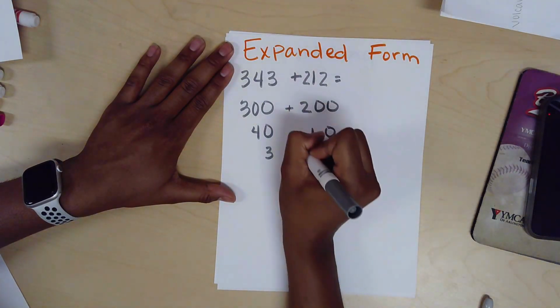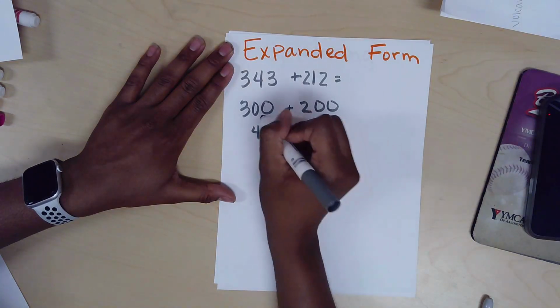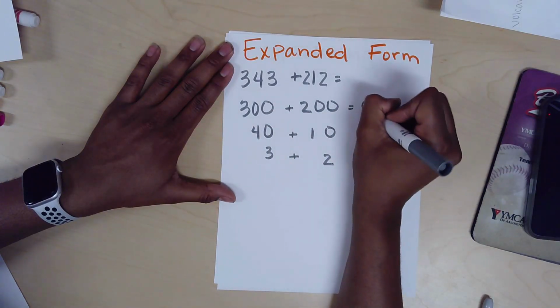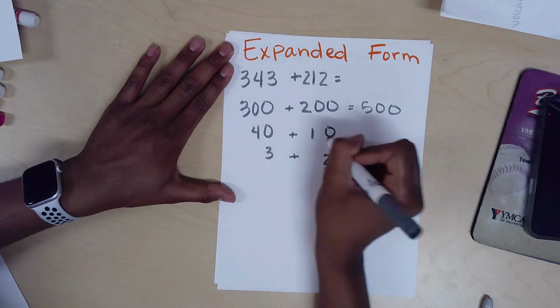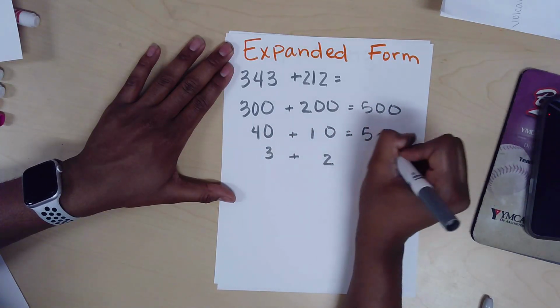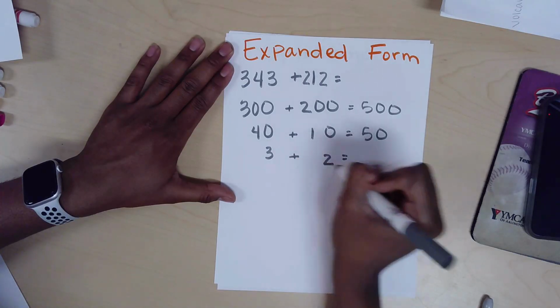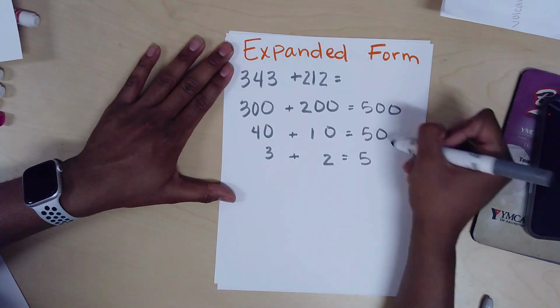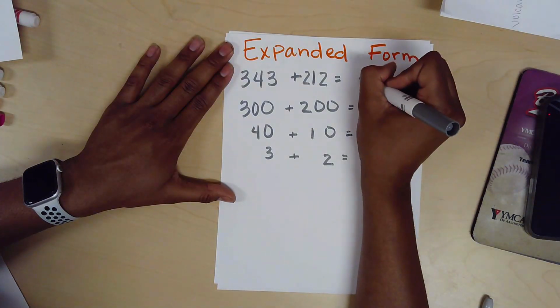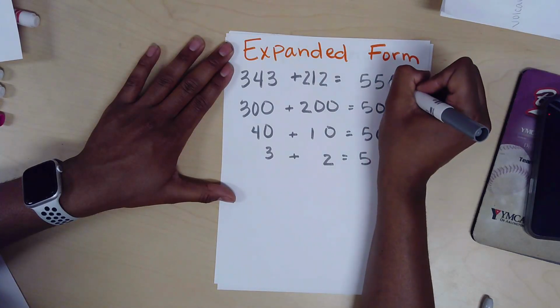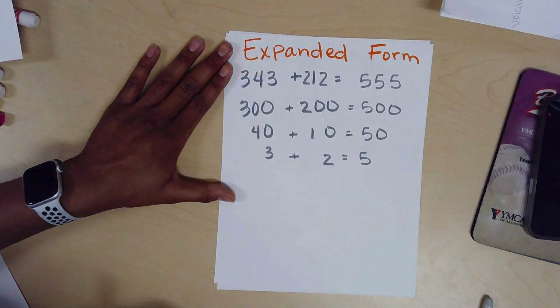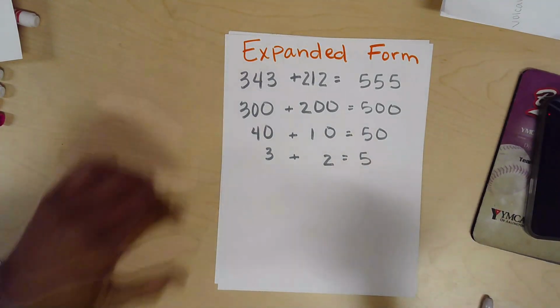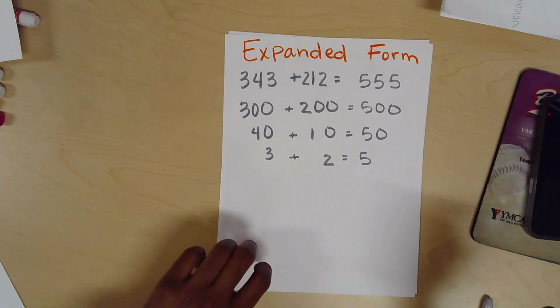And then we're adding 300 plus 200 equals 500. 40 plus 10 equals 50. 3 plus 2 equals 5. 500 plus 50 plus 5 equals 555. Okay?